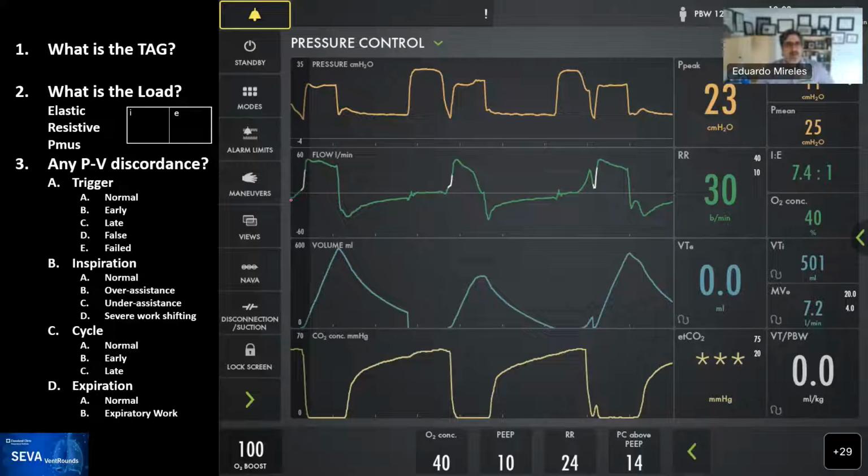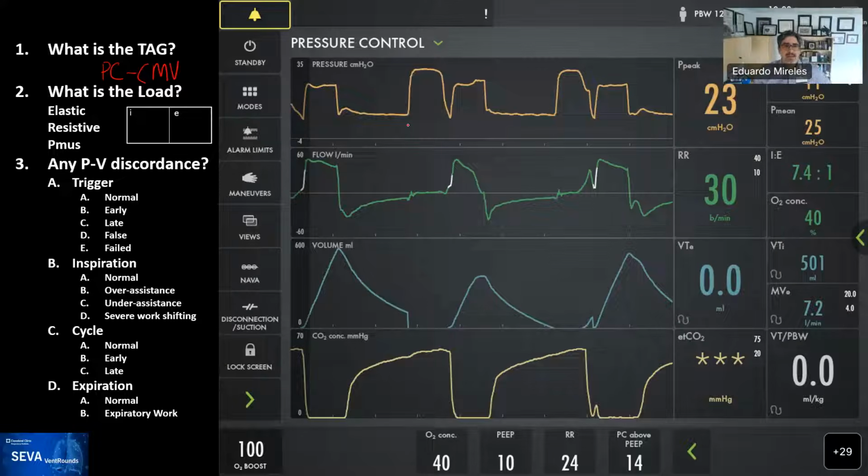Obviously the name of the mode is up here, and that is important. It helps you, but the tag is what the mode actually does. Rapidly, I can see there's congruency in the chat regarding what the tag is: this is pressure controlled. During inspiration, we're controlling pressure. Then the breath sequence is CMV, which means that every breath is mandatory.